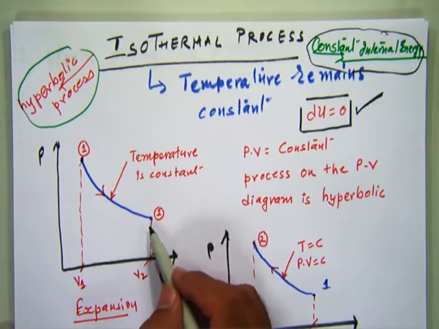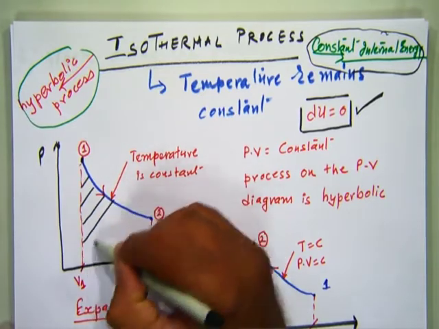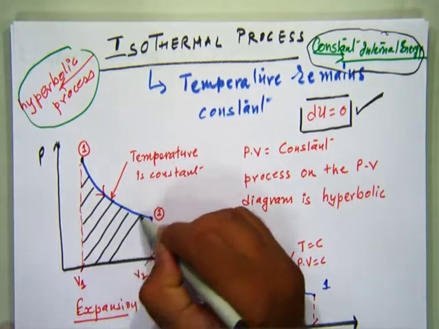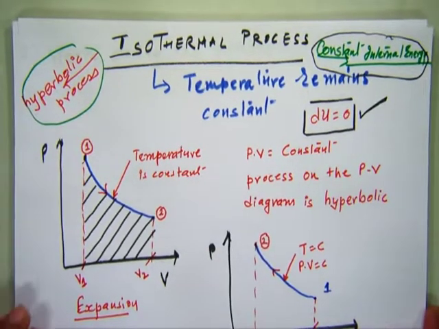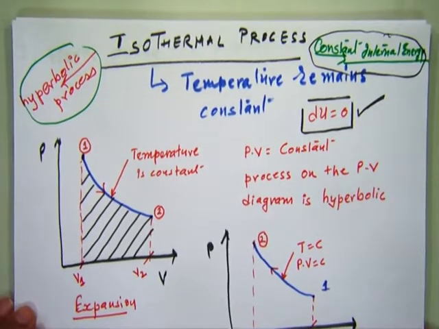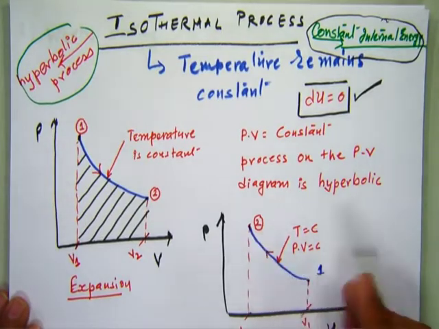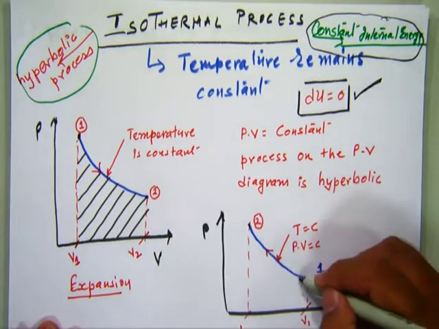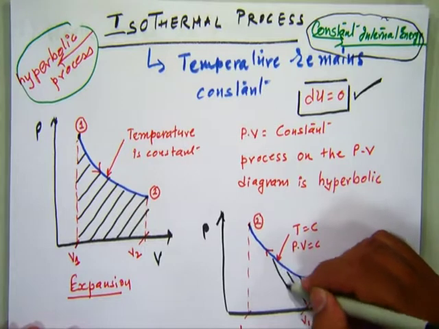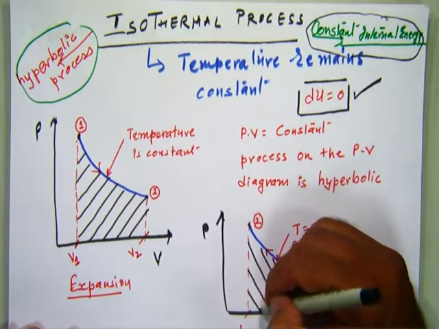Suppose I am interested in the work during the expansion process, it means the area below this curve, during the expansion, this area. Suppose I am interested during the compression, so this is the compression process, this is the curve and the area below this curve.